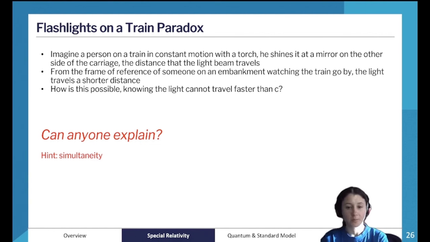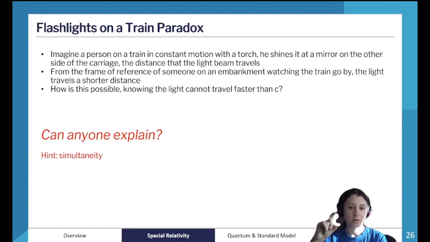So, let's have a think about this. We have a person on a train. The train is going very fast, but it's going at a constant speed. He's shining a light on a mirror on the other side of the carriage. And the light beam is traveling between him and the mirror.